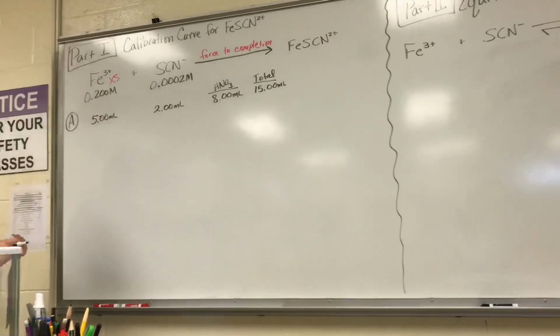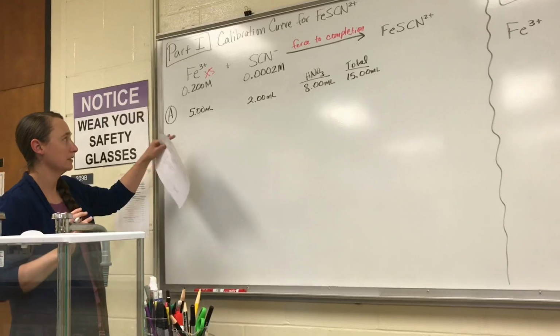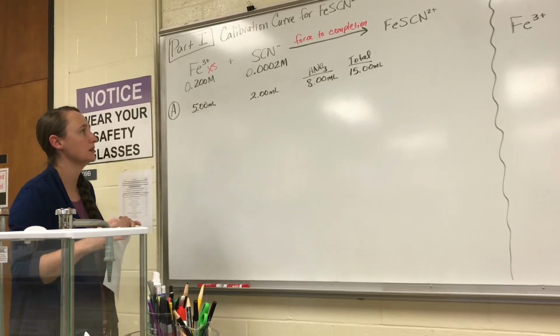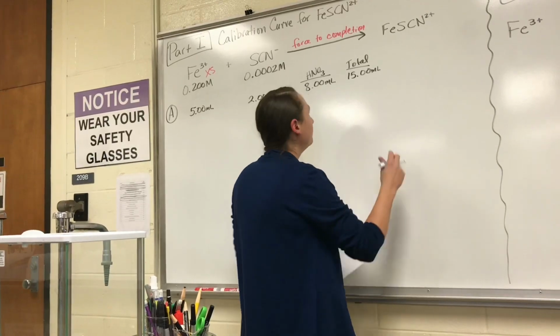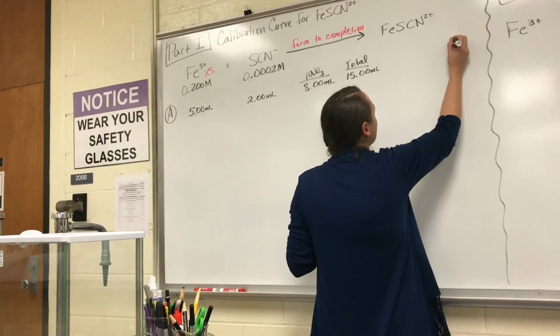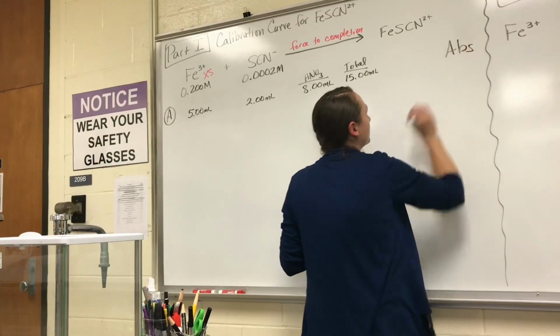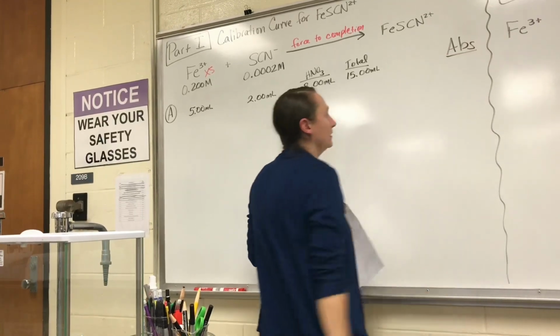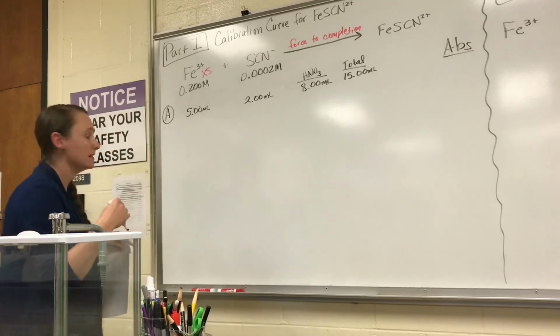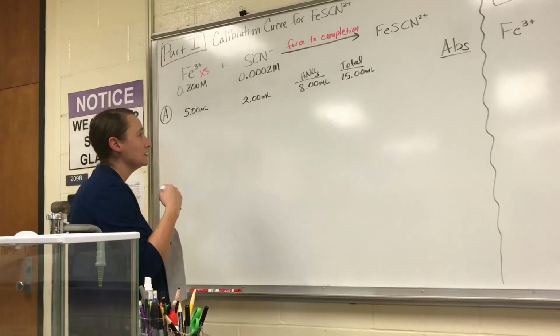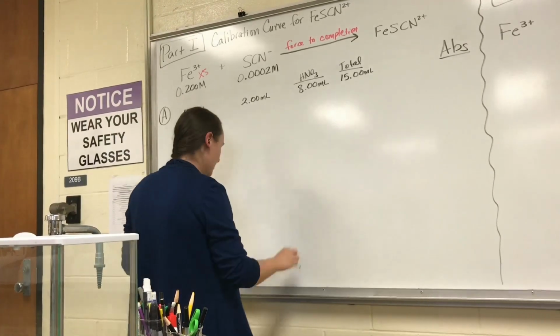Once you mix all of those by carefully measuring each amount and placing it in a beaker and allowing it to mix, you'll see the colored compound form, and you can measure the absorbance for standard A. And you can do standard B, C, and D. Now, how to get the actual concentration?